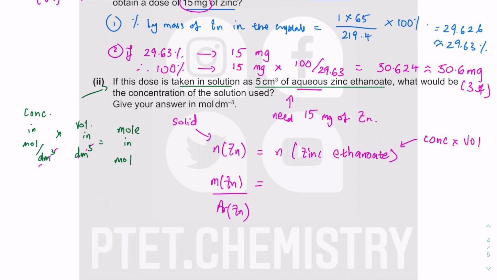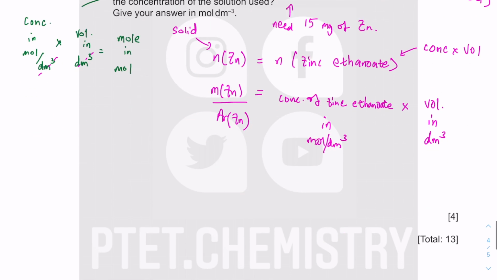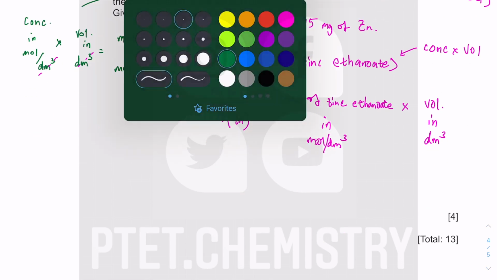So that is equal to concentration of the zinc ethanoate times the volume. This is volume of solution in dm³. This is concentration in mole per dm³. You will see that mole per dm³ times dm³ will give you mole. Gram divided by gram per mole, mass over AR, will give you mole. So we are not breaking any mathematical rule at all.